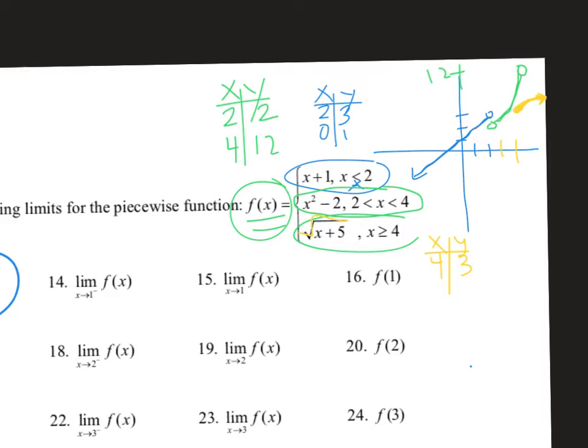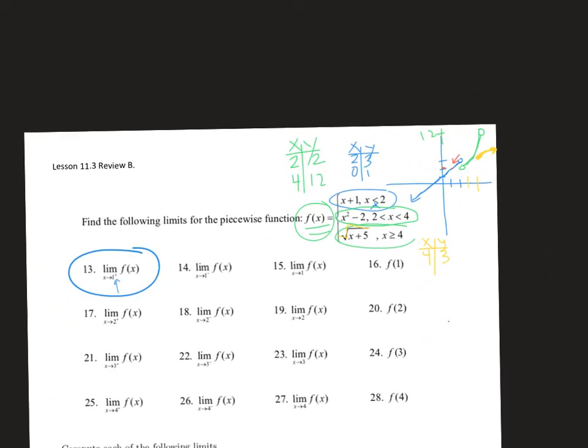So as we're going from the right side of the graph to 1, what is the y value? Happens to be that the y value is 2. Okay. Now as we're going from the left now towards 1, it is also 2. Now remember, if both the right and left side limits are equal to each other, which they are, then the limit exists and it equals that number.